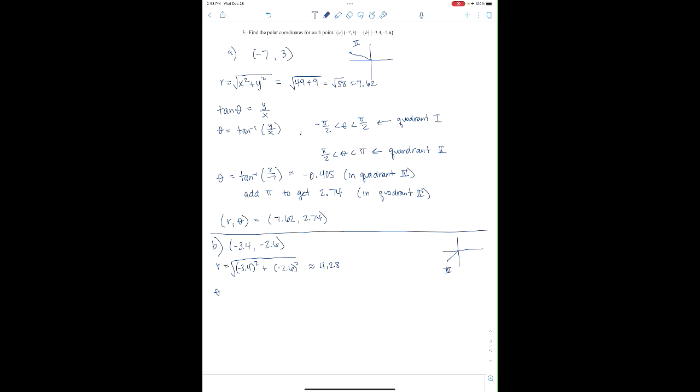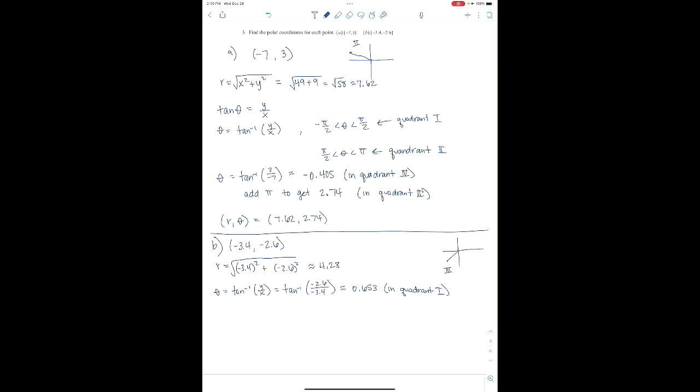We're looking at tangent inverse y over x, which is the tangent inverse of negative 2.6 over negative 3.4. And that gives us about 0.653. Now this is in quadrant 1.